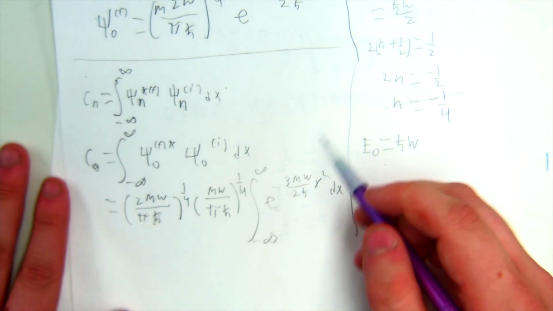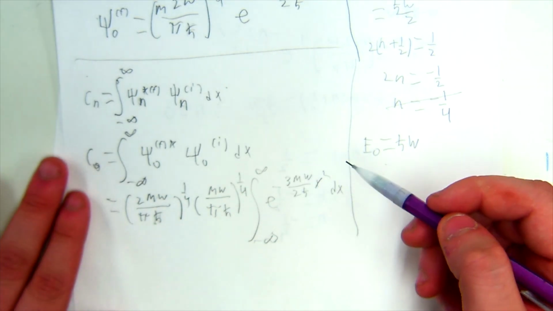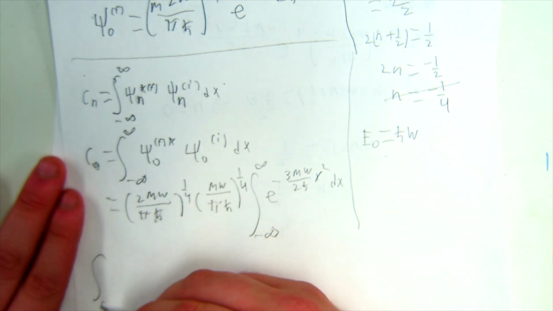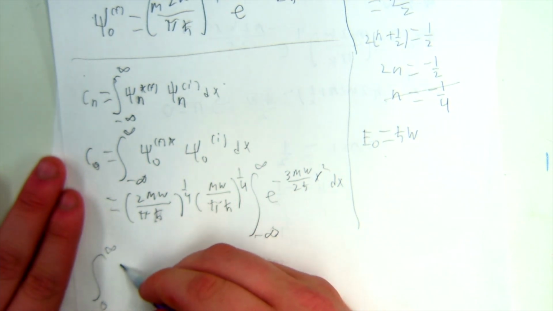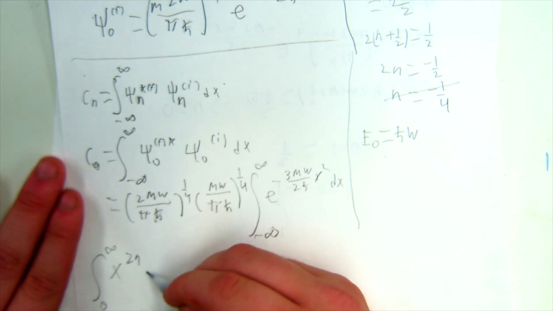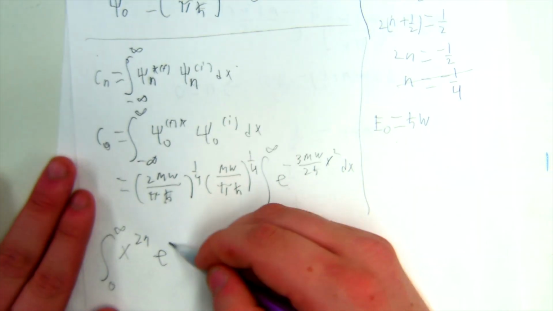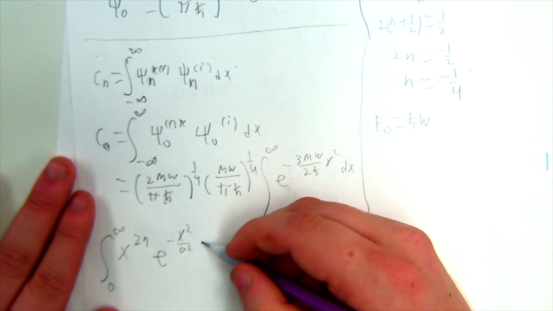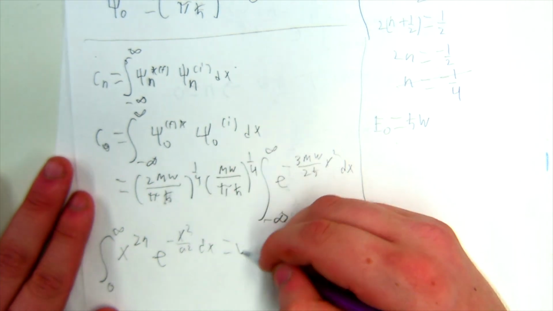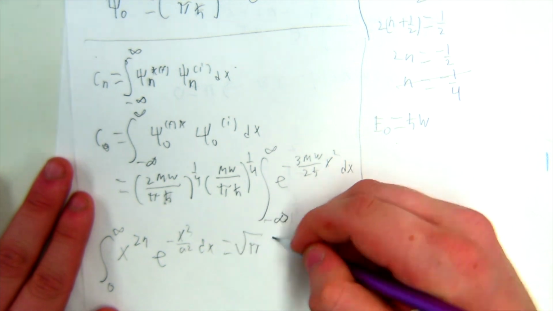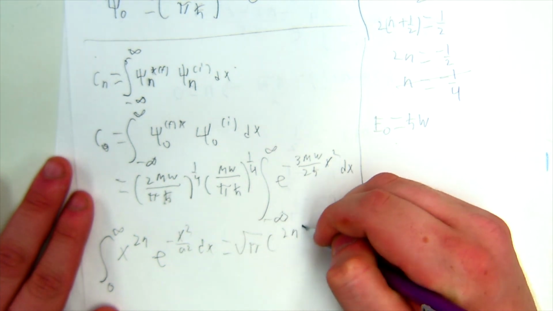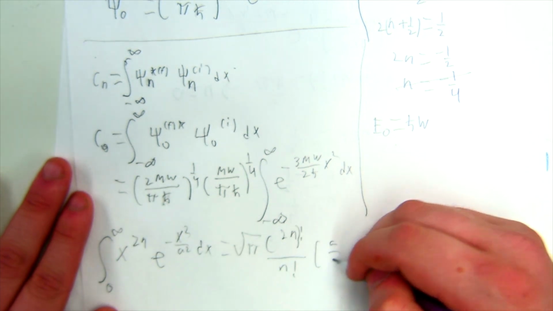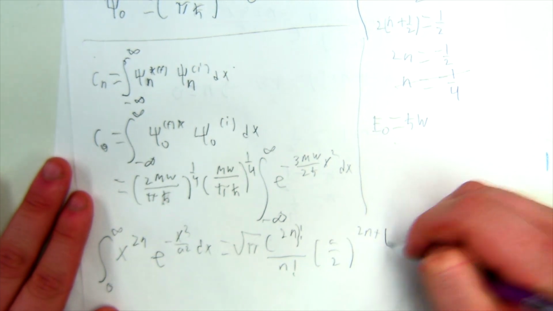Now, to evaluate this integral, we can use the formula that in general, an integral from 0 to infinity of the form x to the 2n e to the negative x squared over a squared dx is equal to the square root of pi times 2n factorial over n factorial times a over 2 to the 2n plus 1.